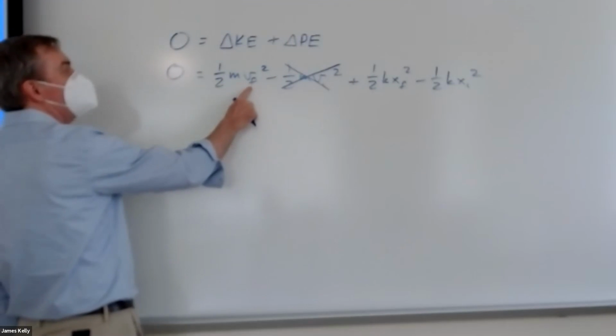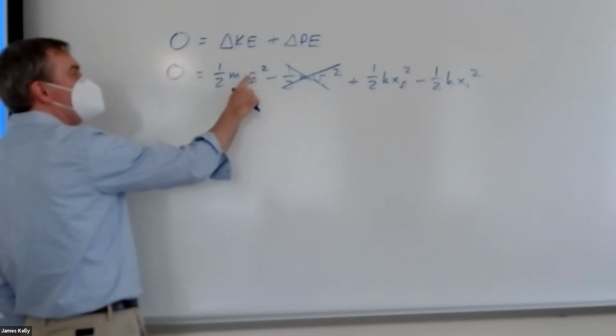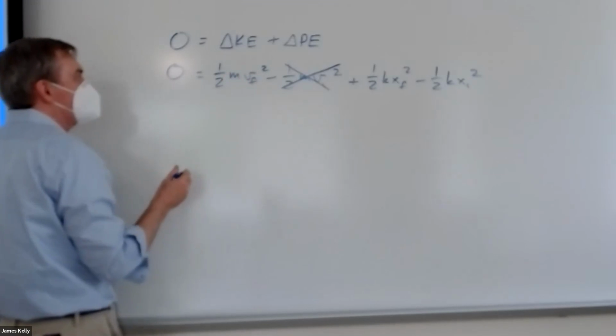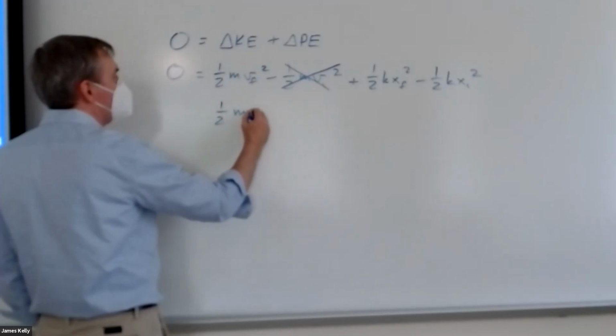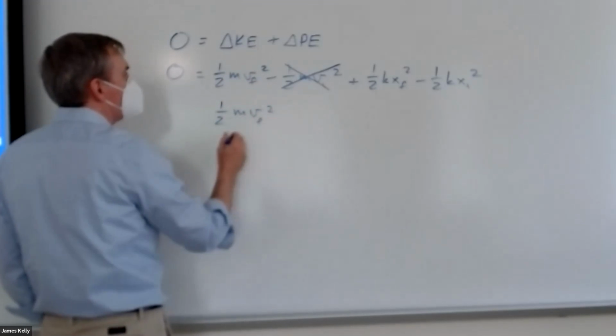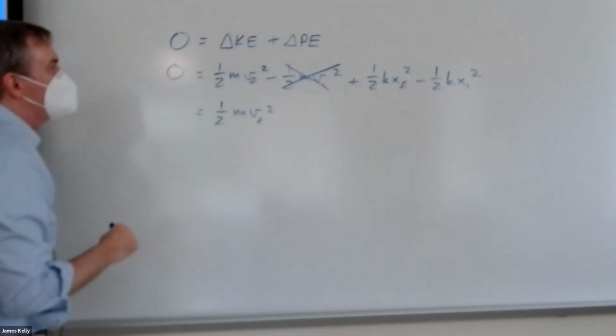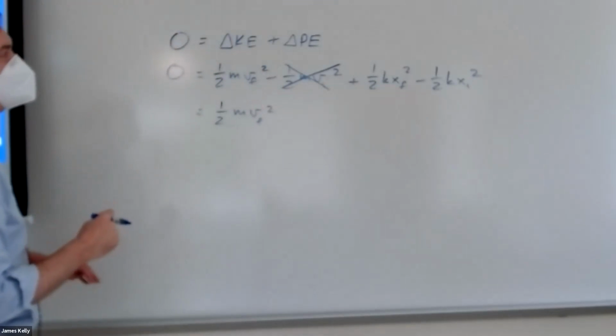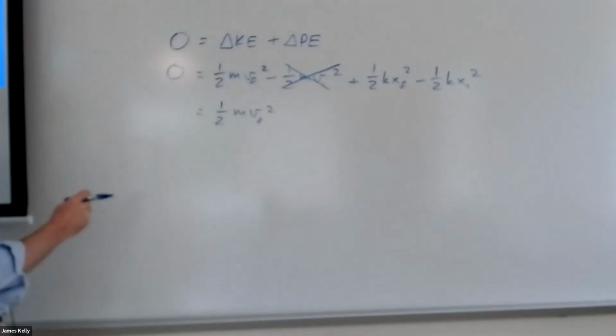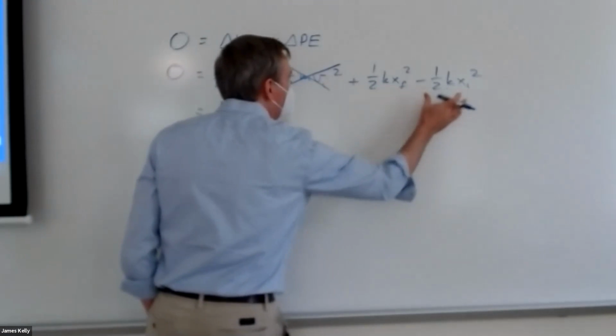I want to solve for v final. Our goal was to figure out what v was at some arbitrary x. Okay, so let's rearrange some things. 1/2 m v final squared is equal to, if I put this stuff over on the other side, let's see, this will come in with a plus sign.